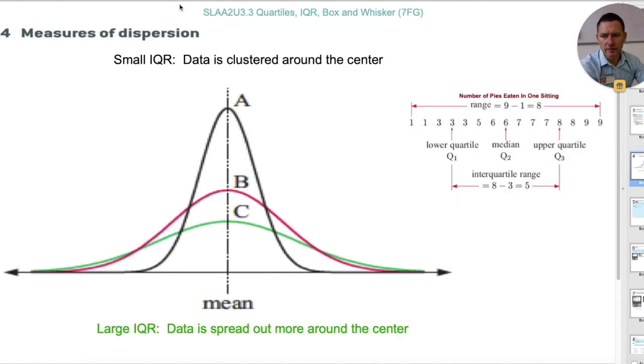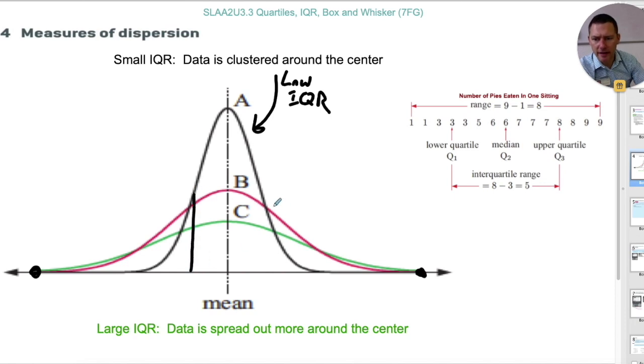You can also see a large IQR, or interquartile range. Notice that these have the same highest and lowest values. If these are all our quiz scores, this curve has most of the data concentrated in the middle, so this is going to have a low IQR, the black line, because most of the data is centered right in the middle quarter.